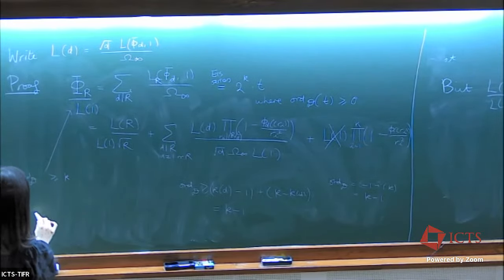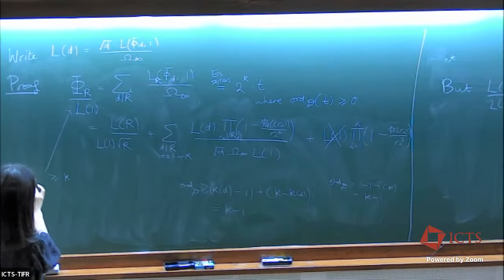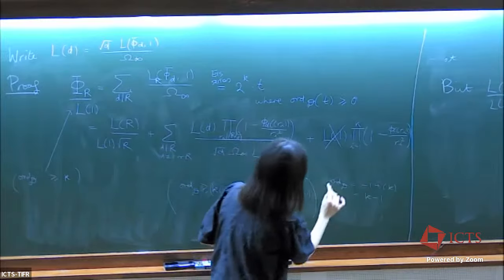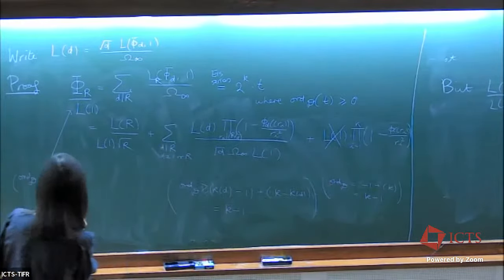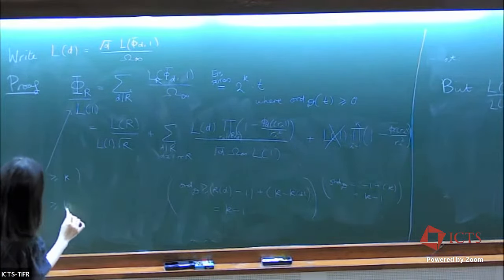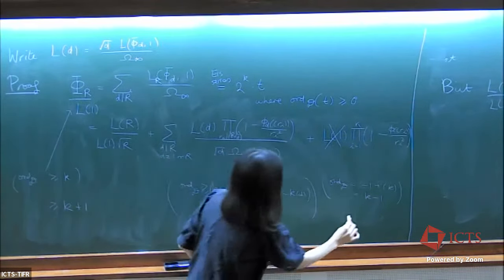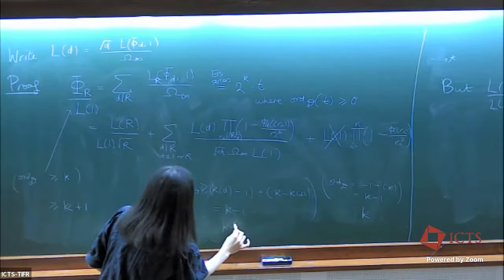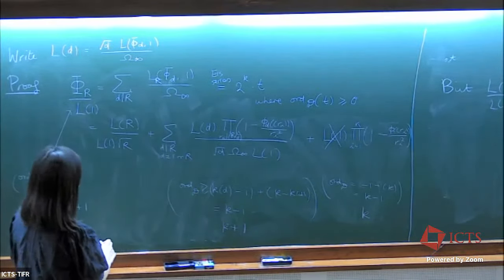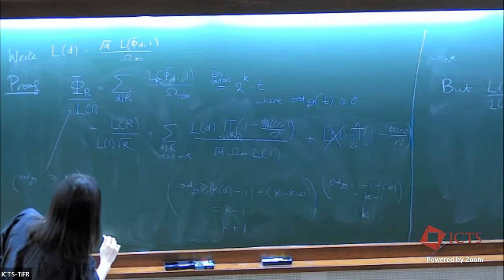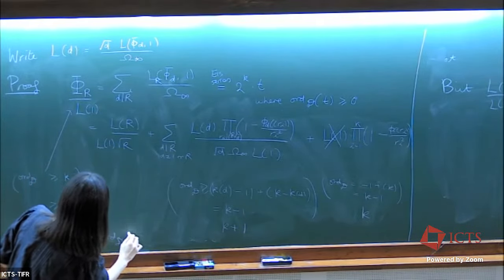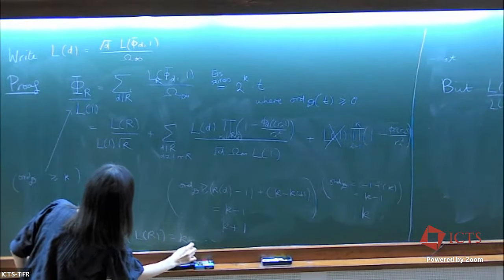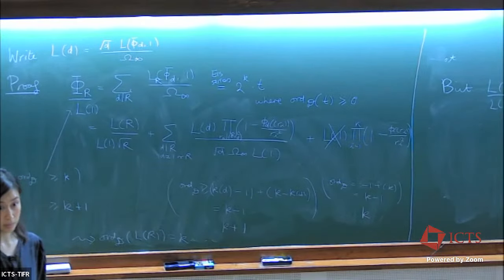So in the end, this has valuation k+1, this has valuation k, and you can show that this has valuation k+1, and from this you can conclude that the valuation of this L_R we are interested in is exactly equal to k, and therefore it doesn't vanish.